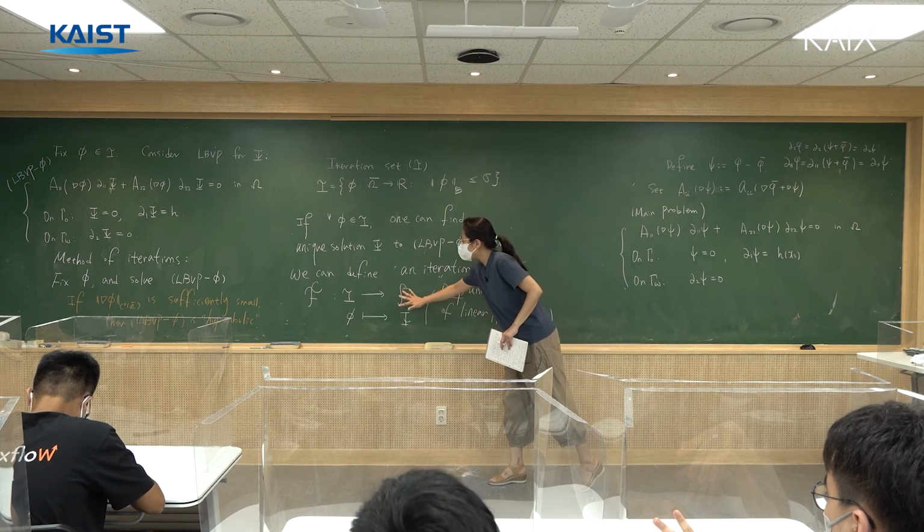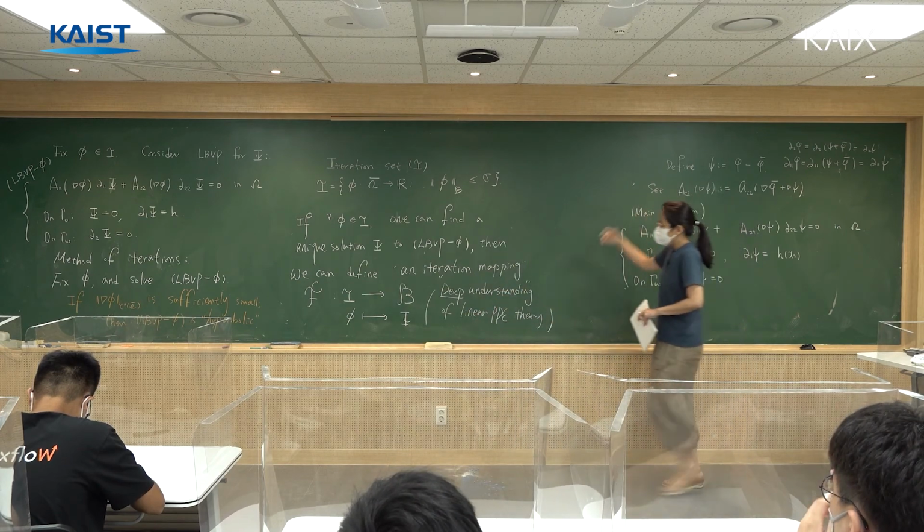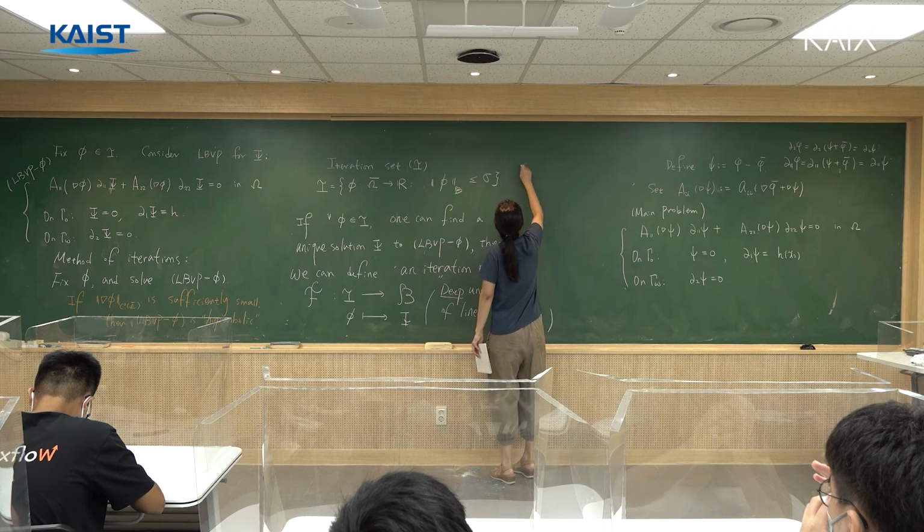So then what can we do with this iteration map? Now let's try to connect this F with our nonlinear problem. This is the real punchline.